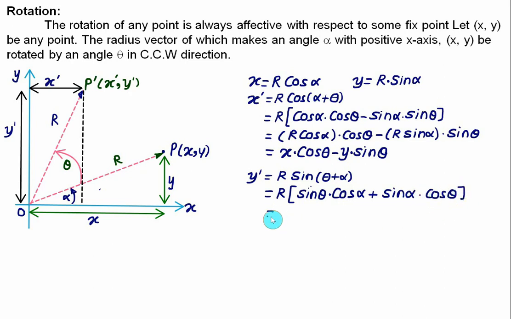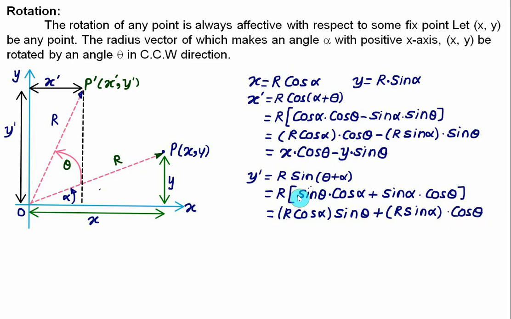Again we take advantage of the definition of x, which is r cos alpha. So we have r cos alpha, which is x, multiplied by sine of theta, plus r sine alpha, which is y, multiplied by cos of theta.